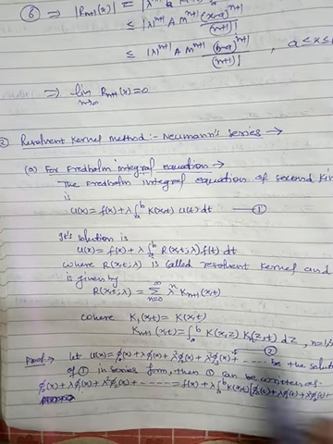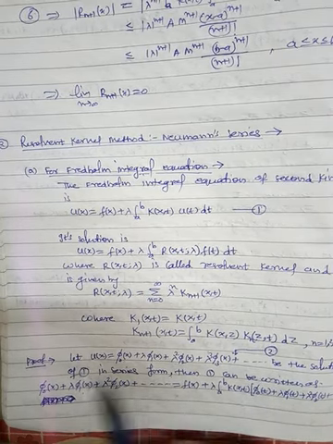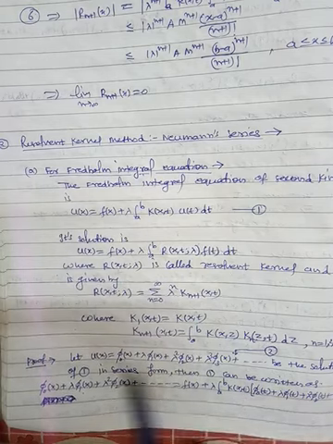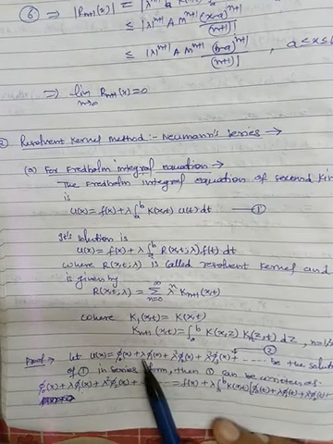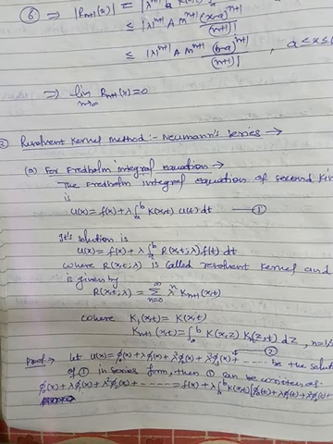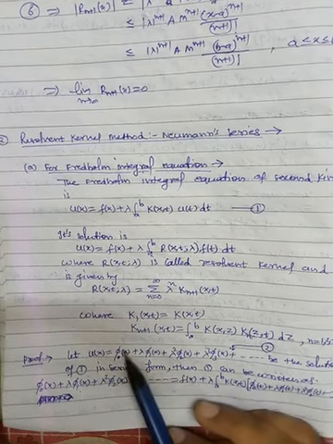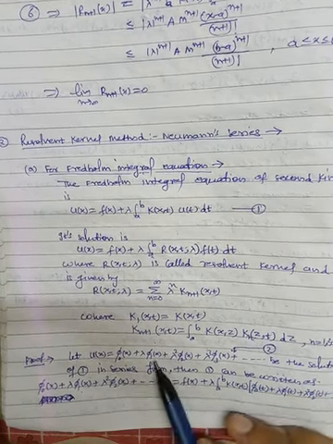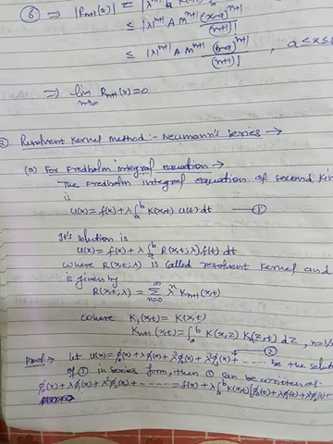Here lambdas are involved and the unknown functions phi_0(x), phi_1(x), phi_2(x) are involved. So our target is to find these unknown functions phi_0(x), phi_1(x), phi_2(x) and so on.